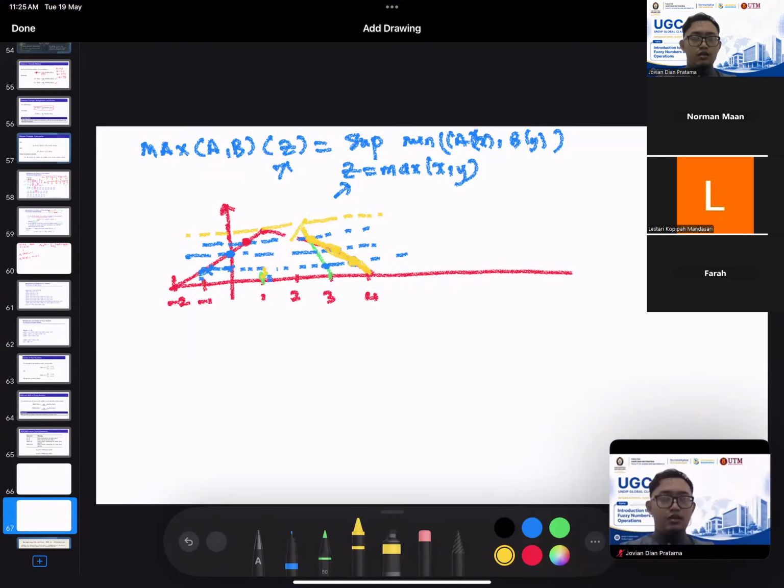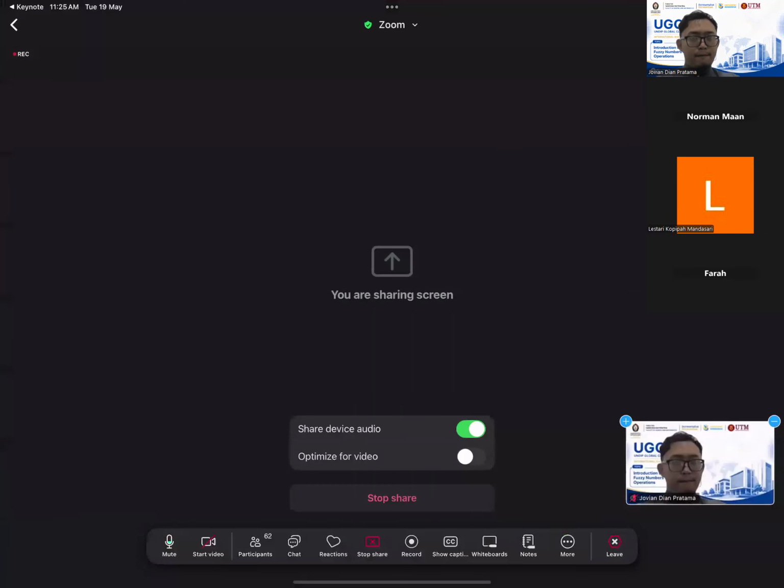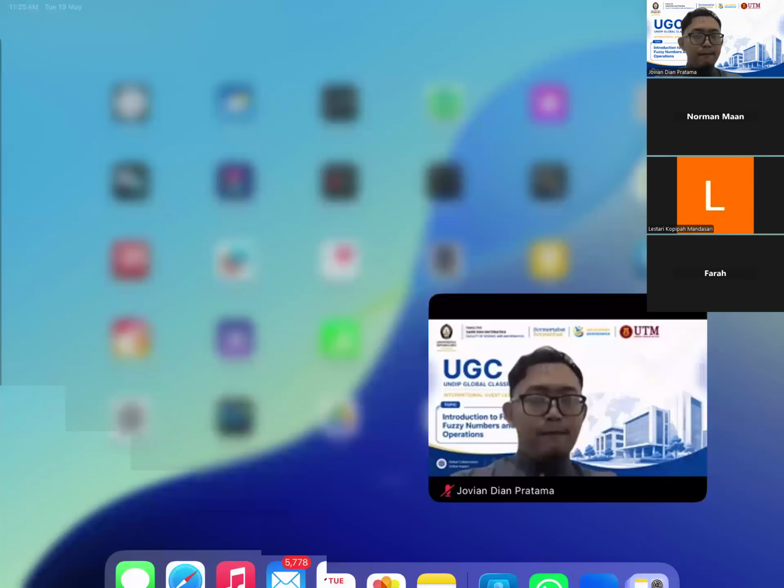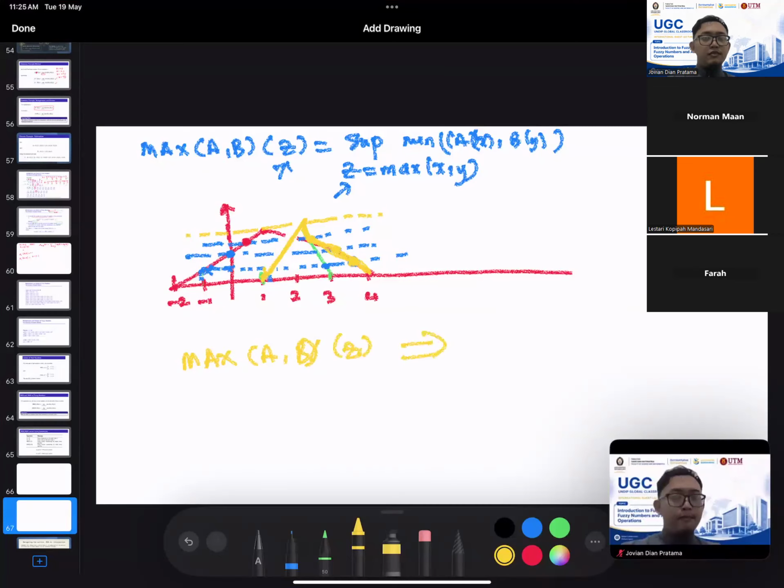I really hope that you can distinguish between the maximum of A and B, and the other one just now, which is the union operation, A(x) union B(x), where in this case we choose the maximum of A(x) and B(x).